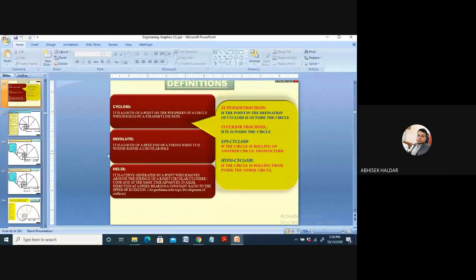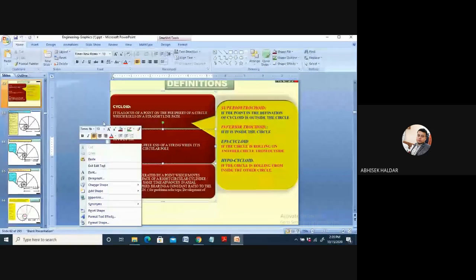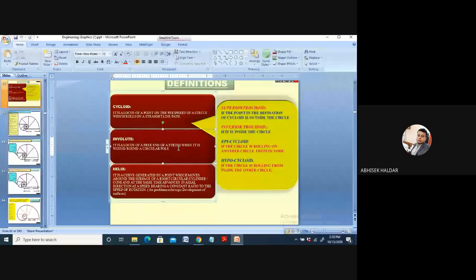So what is an involute? It is a locus of a free end of a string. There will be a free end and the other end will be attached to the cylinder. So it is a locus of a free end of a string when it is wound around a circular pole, or it may be a disc, it may be a cylinder, whatever.